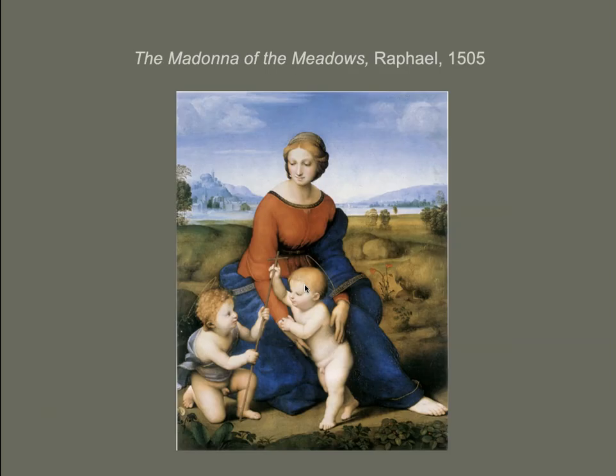So this is the Madonna of the Meadows by Raphael from 1505, and in it we see an implied triangle. And we can see the foot here, the Madonna, and then we have a child's foot here, and then her head here.